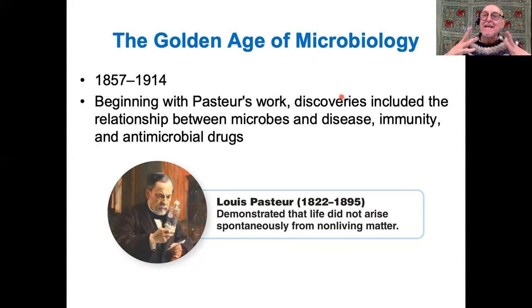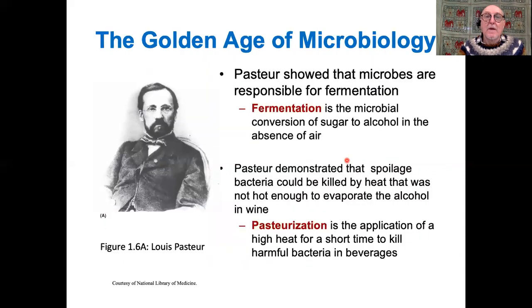There are many, many, many kinds, and they do different things. Some of them cause disease, some of them are useful, some of them are involved in processes in biogeochemistry, all sorts of things. They are incredibly diverse. They do many different things. And this is what the early scientists now set about doing.